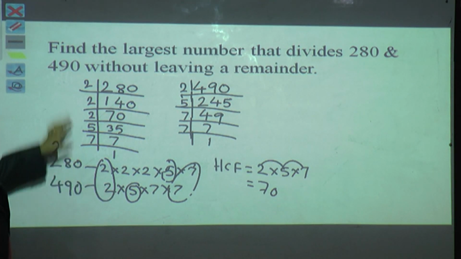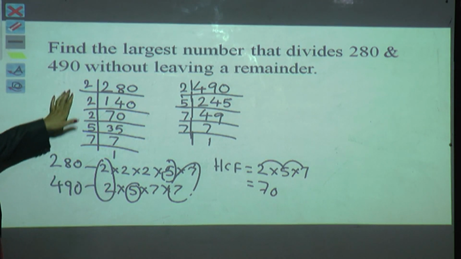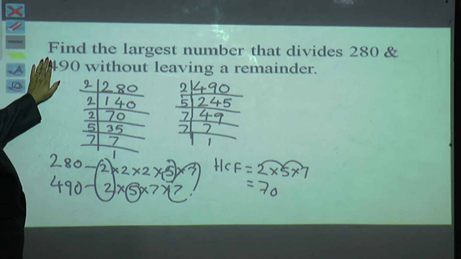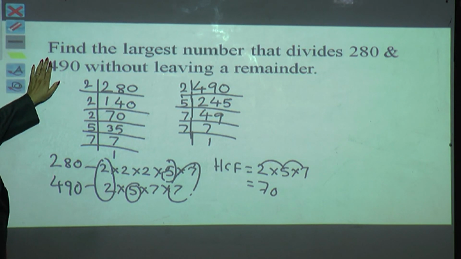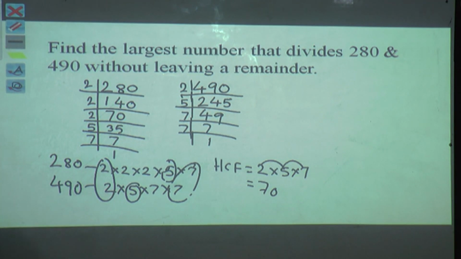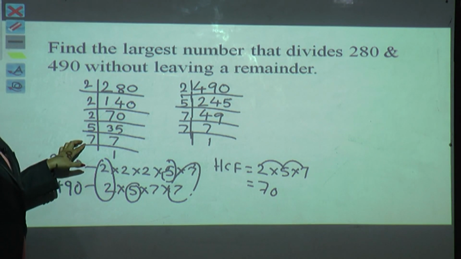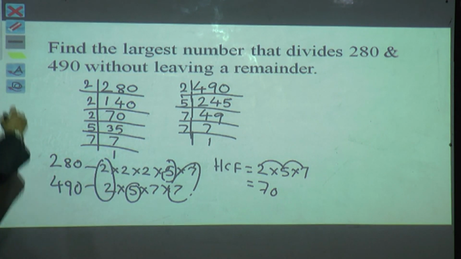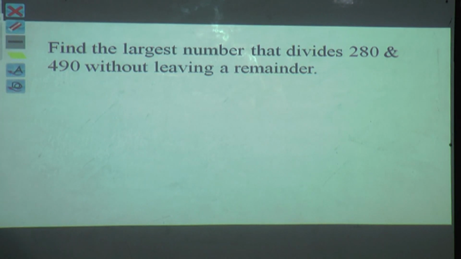This is how we find the number in the problem: the largest number that divides 280 and 490 is 70. I think everyone has now done more practice on finding the HCF and the LCM of given numbers.